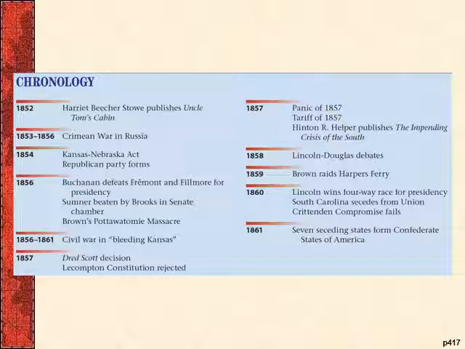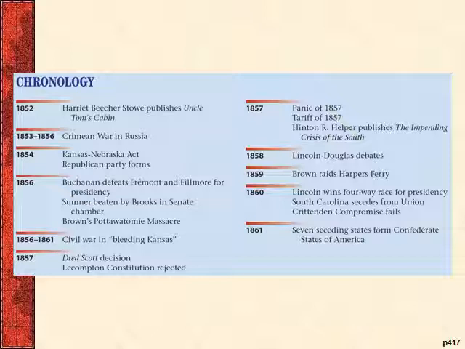And here's the last slide. You have the infamous Uncle Tom's Cabin, published in 1852. You get the Kansas-Nebraska Act of 1854, the beatdown that Brooks gives Sumner in the Senate in 1856, and the Potawatomi Massacre. The Civil War begins really in Kansas in 1856. The Dred Scott decision in 1857.